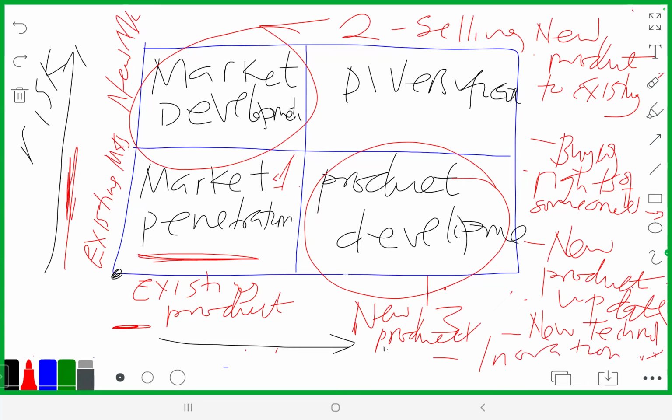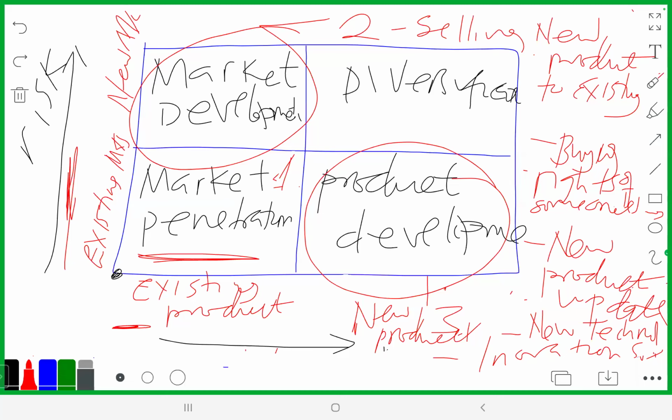Be innovative. I've already said that the focus here is that you're selling the new product to the existing market. So you buy the rights of someone else, or you update the new product, introduce some new technologies, try to bring some innovations here and there. And all this can actually help you as you move around in this.